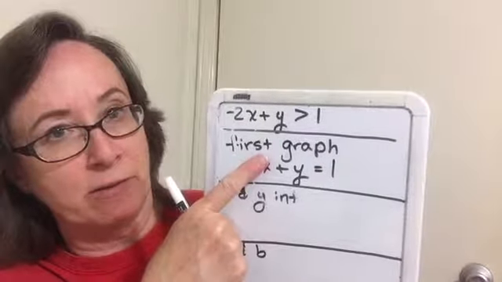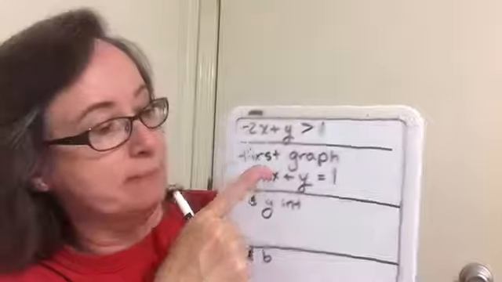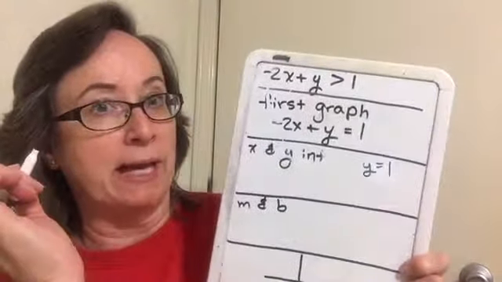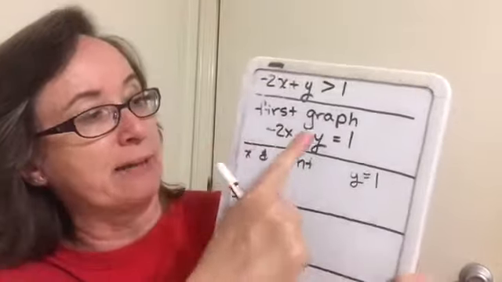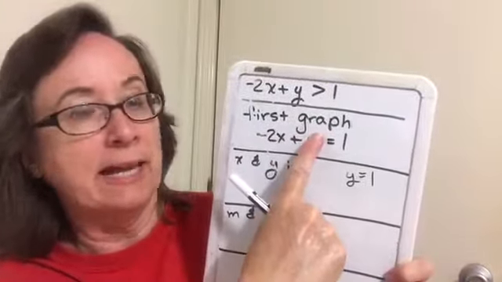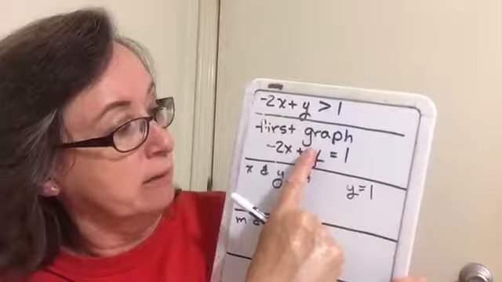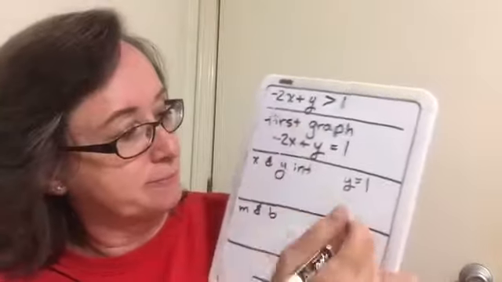If I put my finger over the x, then I get y is 1. Okay, so y is 1. That's the y-intercept. And to find the x-intercept, I let the y be 0. And I get negative 2x is equal to 1, or x is equal to negative 1/2.